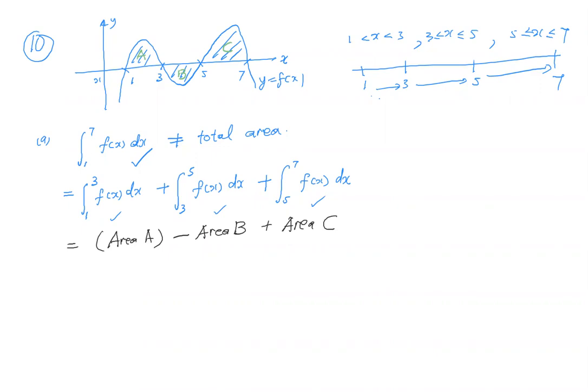You can say why: this is because area B is below the x-axis. So definitely this will be less than A plus B plus C. Explain. You get me?